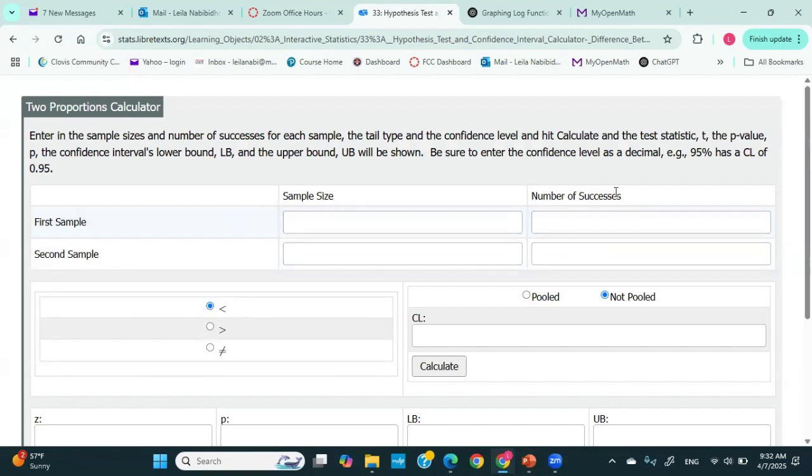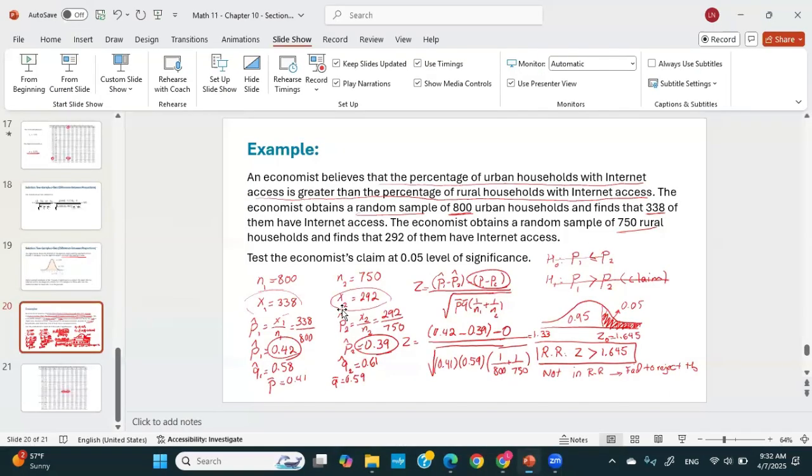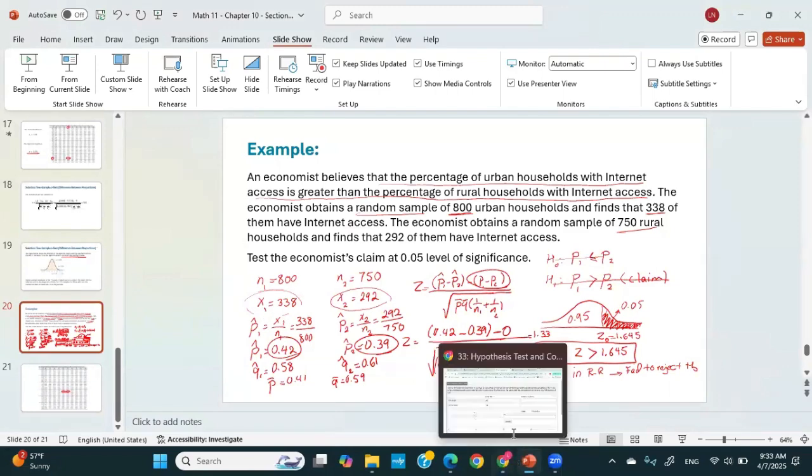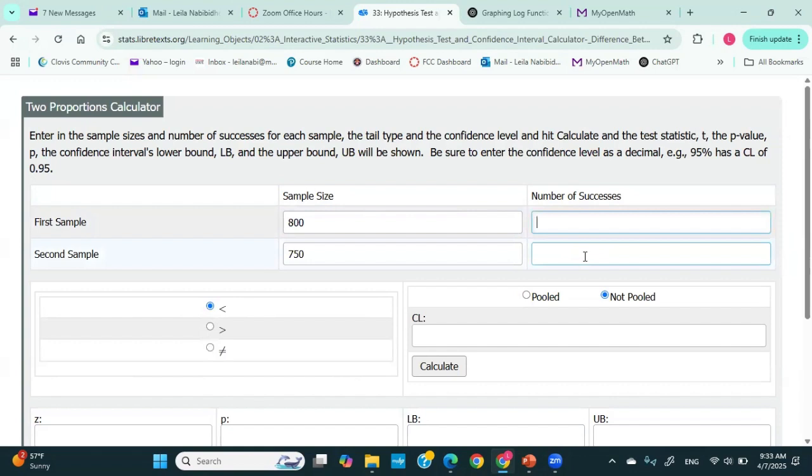Sample size means n, number of successes means x. The first sample size was 800. The second sample size was 750. The number of successes was 338 and 292.